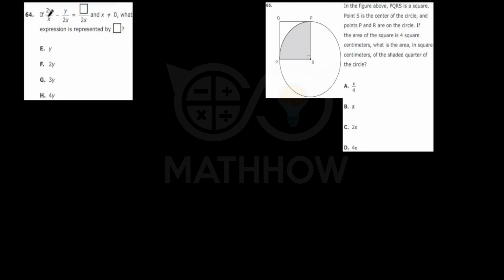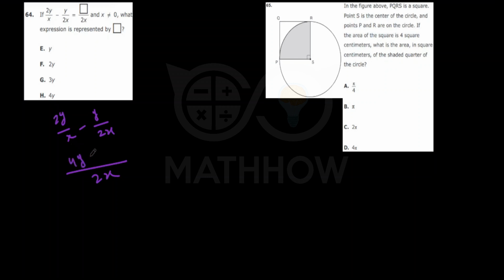Question number 64. If 2y over x minus y over 2x equals a box divided by 2x, and x is not equal to 0, what expression is represented by the box? The LCM will be 2x. x divides 2x when it is multiplied with 2, so 2 will be multiplied with the numerator.